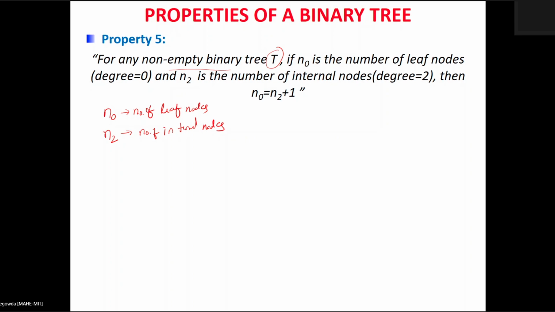So for any non-empty binary tree, if n0 is the number of leaf nodes, that is, the nodes with degree 0, meaning they are the terminal nodes, and n2 is the number of internal nodes, meaning the nodes with degree 2, then we have this relation: n0 is equal to n2 plus 1. It is possible to calculate the total number of leaf nodes by using the total number of internal nodes. So n0 is equal to n2 plus 1.